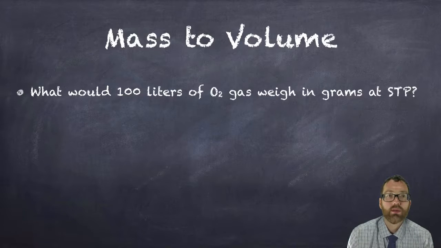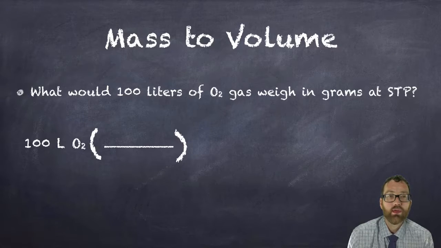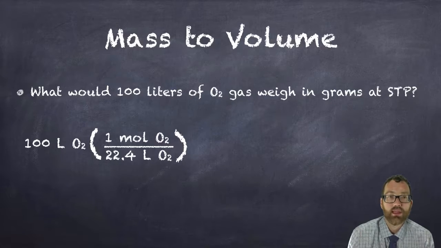Let's try this one. What would 100 liters of oxygen gas weigh in grams at STP? So we'll start with the 100 liters of O2, and we want to get rid of liters. So remember, there's 22.4 liters of any gas at STP in 1 mole of that gas at STP. And then I want to convert from moles of O2 into grams of O2.